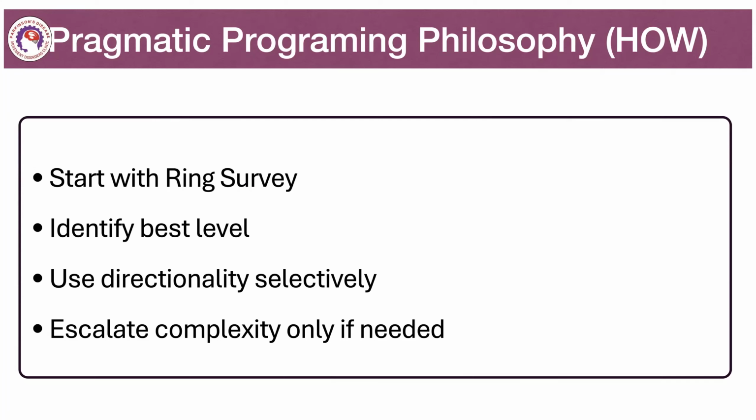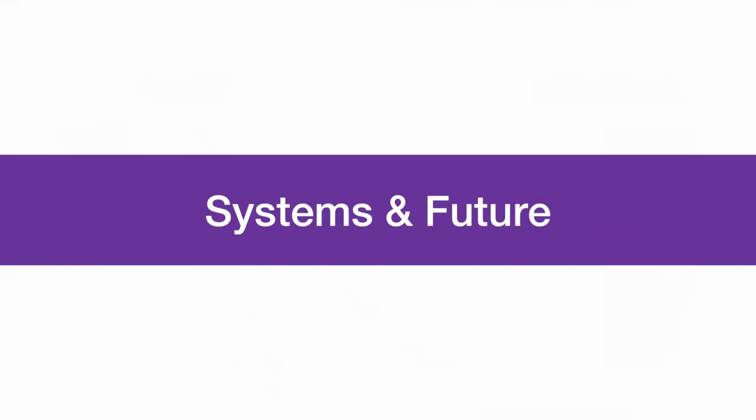If the ring survey gives a good benefit, it works out everything. If the best level has a threshold limitation, then directionality can be used selectively. Then, after single segment activation, you can escalate to other complexity only if needed. Just because you have the option to steer everything, please don't do that. You'll never be satisfied, and many times you may not understand what is happening down there.